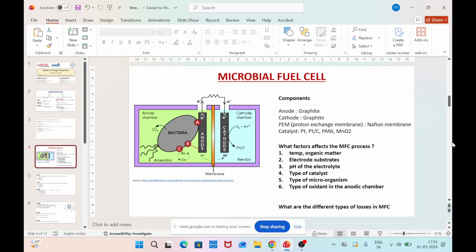Before discussing microbial fuel cell, let's talk about the fuel cell as an individual concept, and then we will discuss the microbial fuel cell.